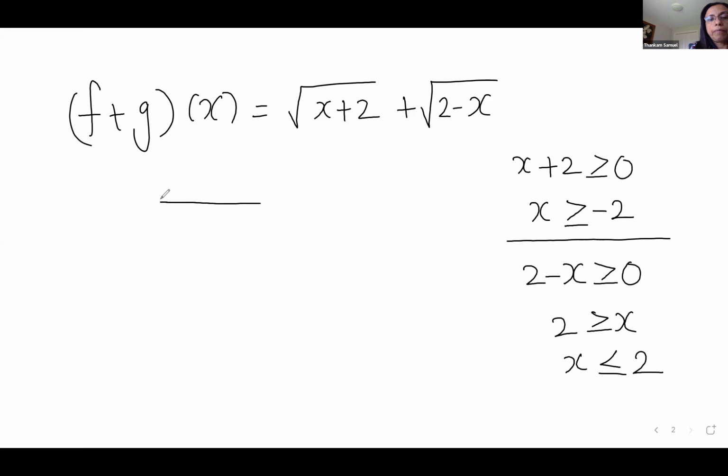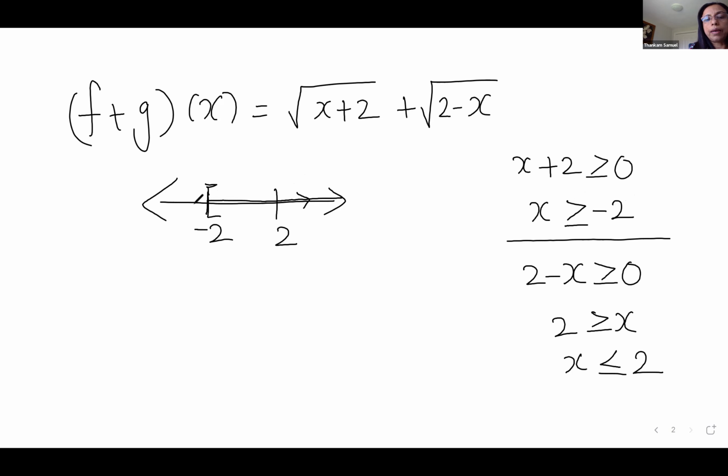So when you graph these solutions on the number line, if you plot this point as -2 and this point as 2, for the first function, the domain must be greater than or equal to -2. So it includes -2. We usually use a bracket and all points to the right of -2, right?